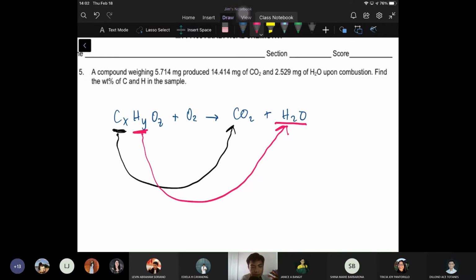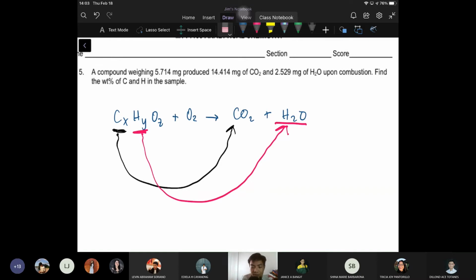So, from the mass of your carbon dioxide and from the mass of your water, you can determine the percent carbon of your sample and the percent hydrogen of your sample as well. Okay? So, how about the percent oxygen, sir? I will just give a sample problem about that, I'll tell it later. So, this is the volatilization method. Carbon and hydrogen are usually what is being determined.